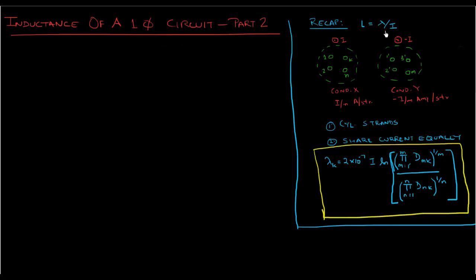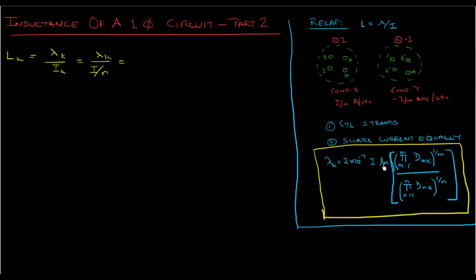As I mentioned, L is lambda by I, we know that. So L_k would be nothing but lambda_k over I_k. Now what is I_k? The current in strand k is nothing but the total current I in conductor X divided by n strands. So we can write that as lambda_k over I divided by n.